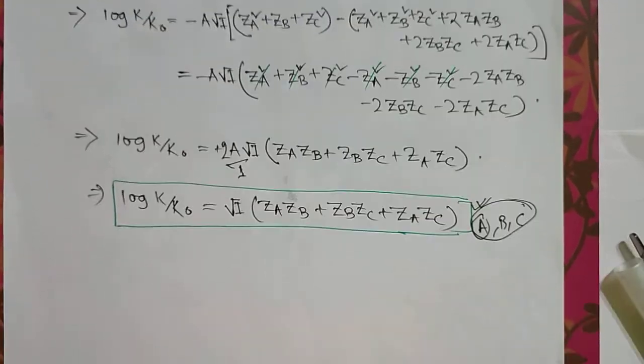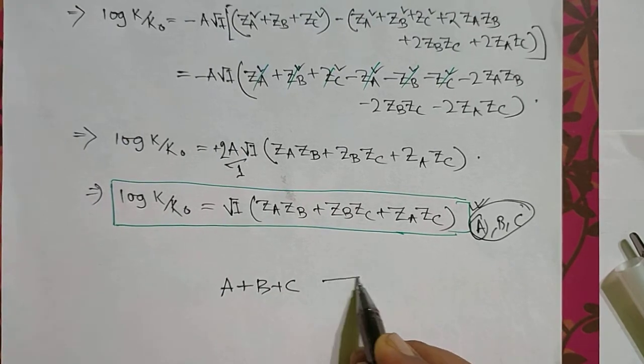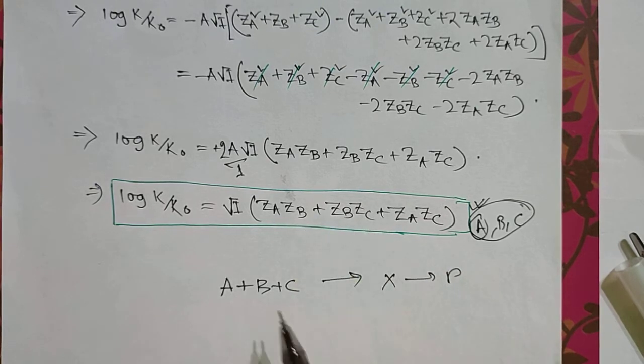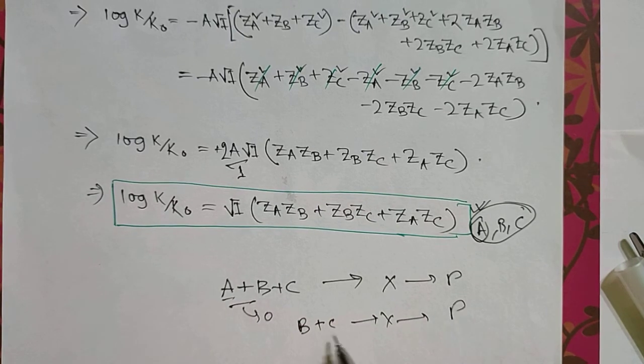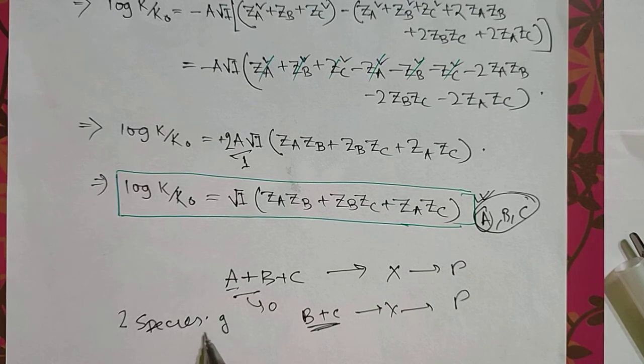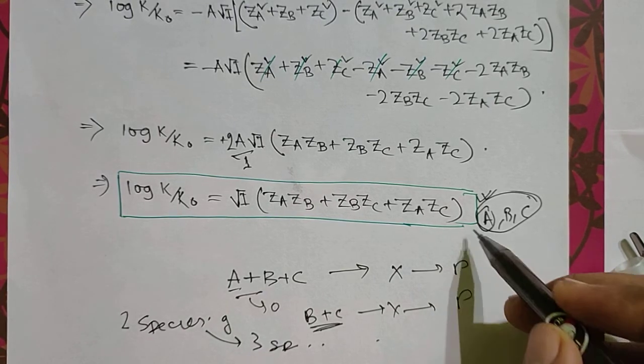So you remember this one, and suppose one is 0, then you can ignore that term and just write the equation for the rest. Two species giving product is a special case of three species reacting and giving the product. So you have to remember this way also.